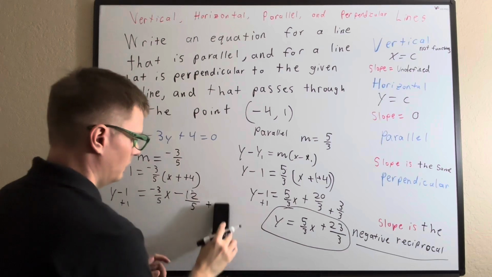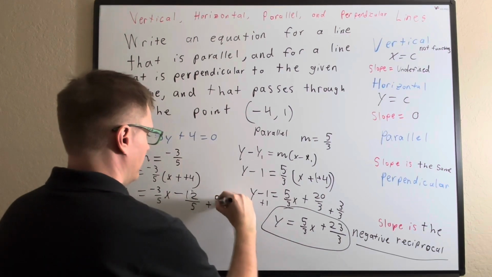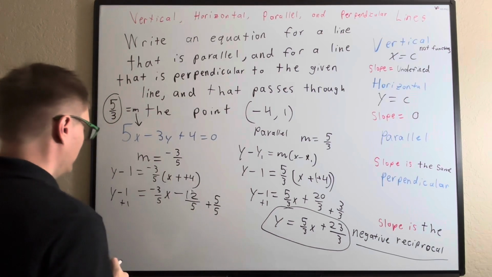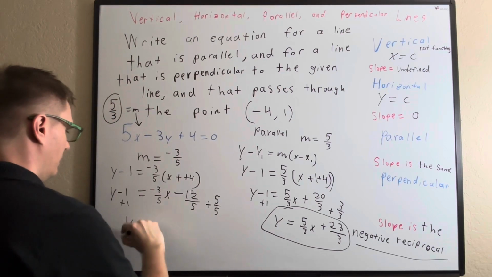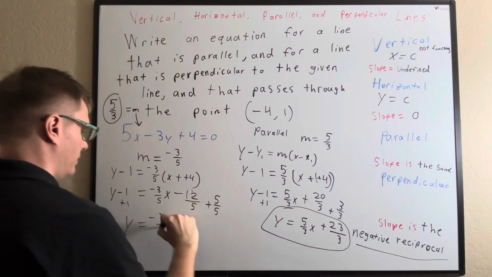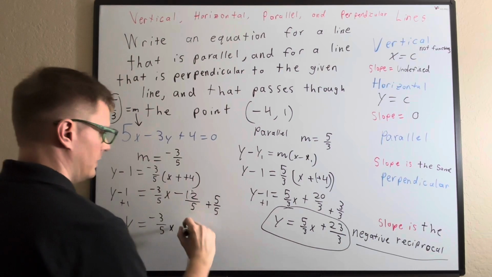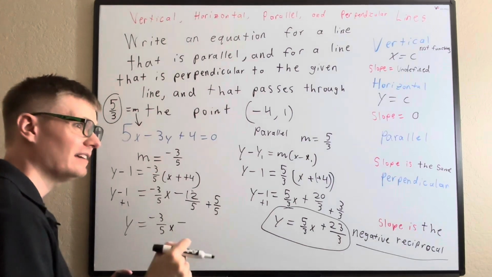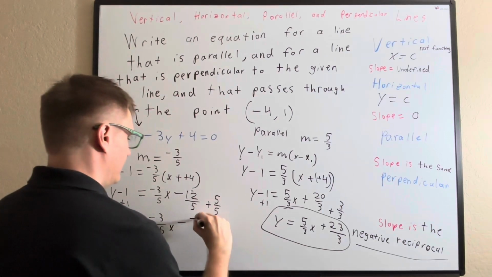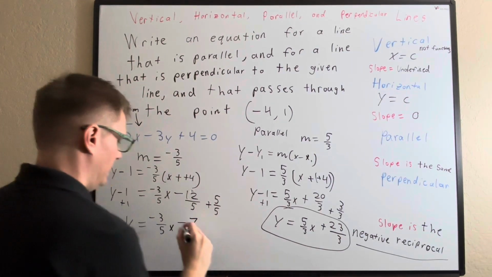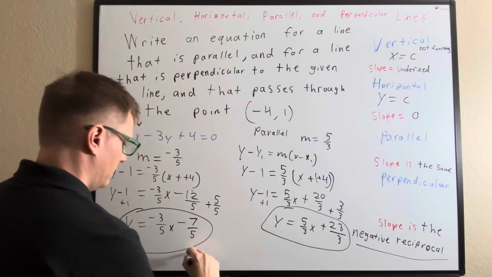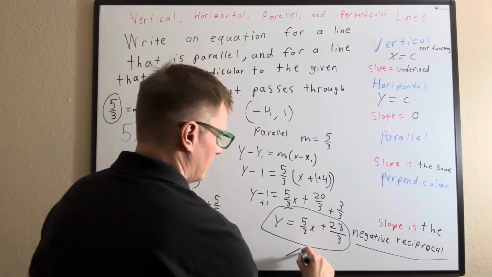Add 1. 1 is the same as 5/5. So, y equals -3/5 x minus 12/5 plus 5/5, which is -7/5. And that is our perpendicular line, and that's our parallel line.